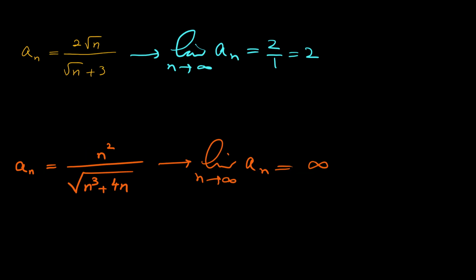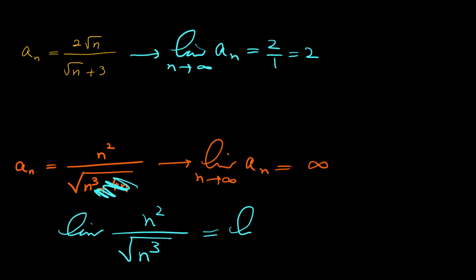The other way that you can find this limit is to use the first method. What was the first method? Keeping the dominant terms in numerator and denominator. In that method, we have n squared over radical n cubed. We ignore this. Then we have limit n squared over n to the 3 over 2.